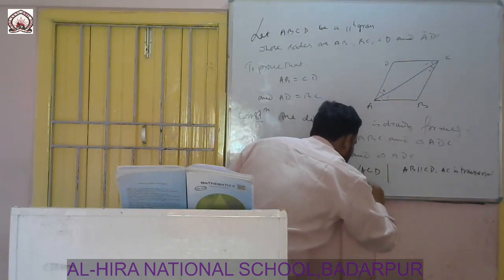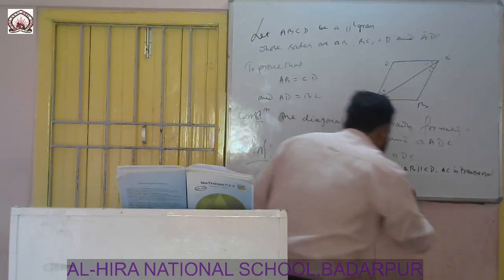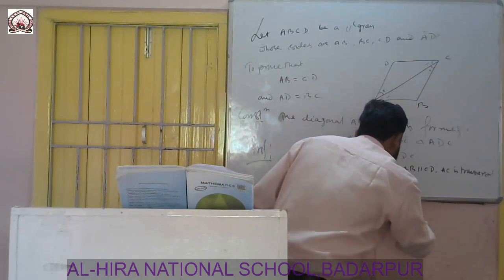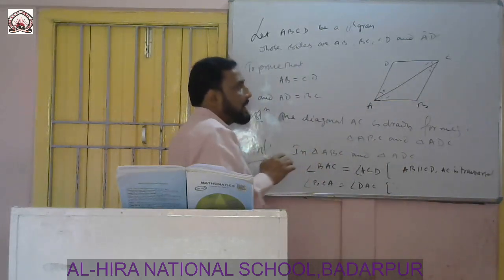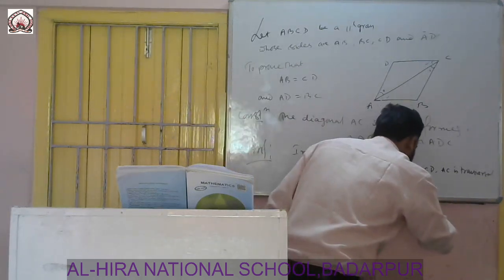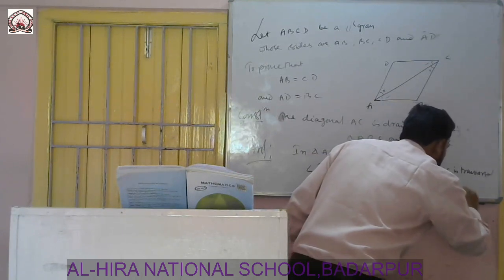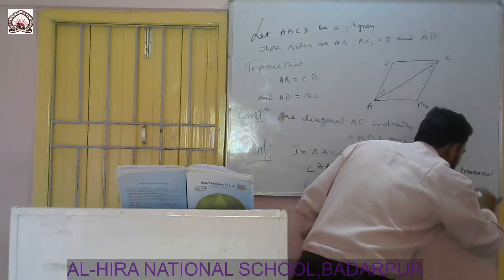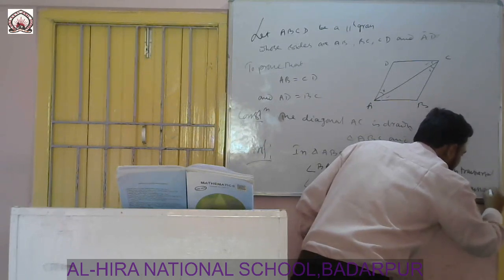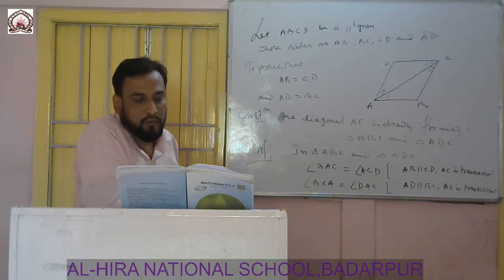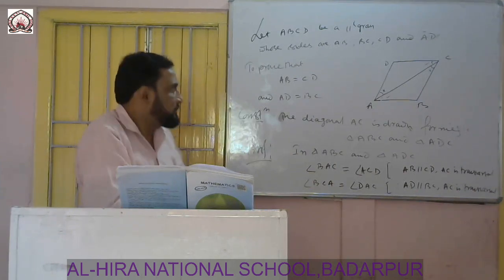Here the reason is, since AD is parallel to BC and AC is transversal, the alternate angles so formed are equal.